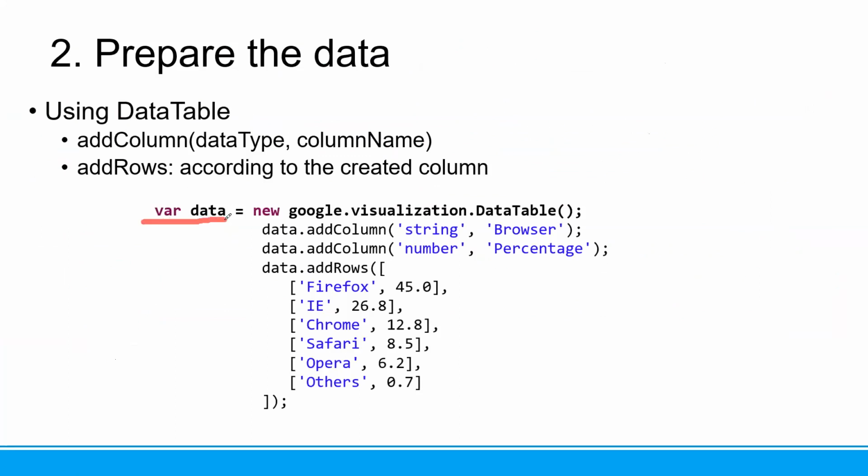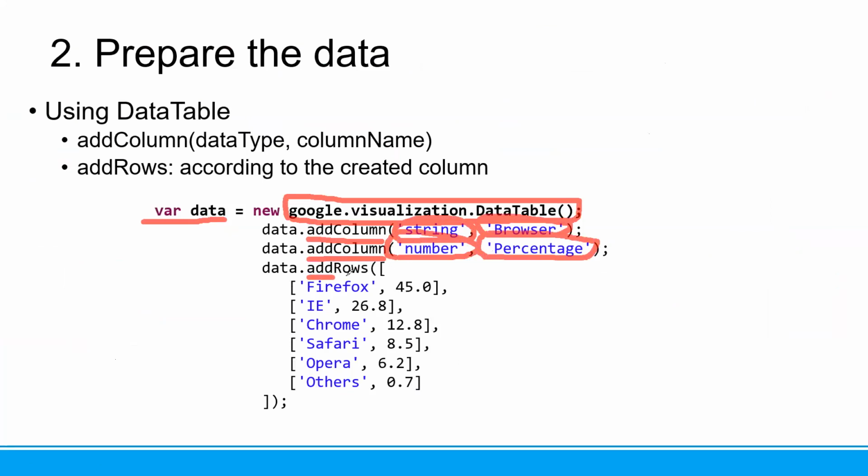I have the data, and then I want to create this as an object from the data table. And on this object, now I'm going to add a column. The data type is string, and the column name is browser. For the second column, the data type is number, and the title of the column is percentage.